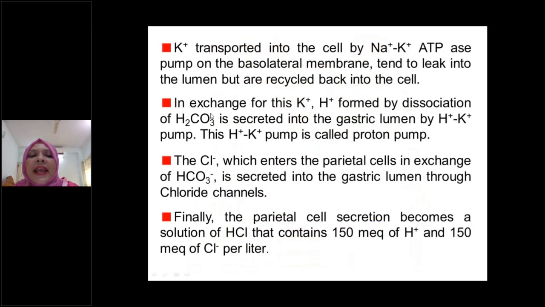Okay, next point, in exchange for this potassium, hydrogen formed by dissociation of carbonic acid is secreted into the gastric lumen by the hydrogen potassium pump. This hydrogen potassium pump is also called the proton pump.